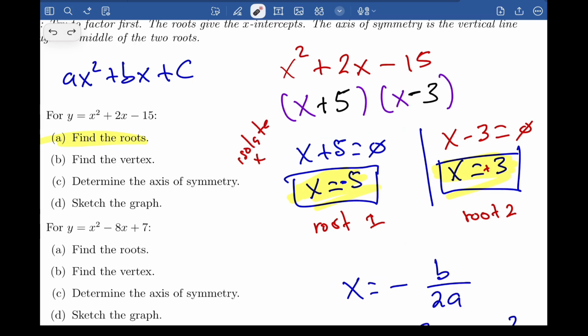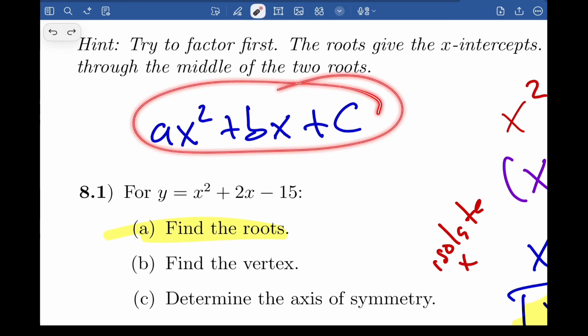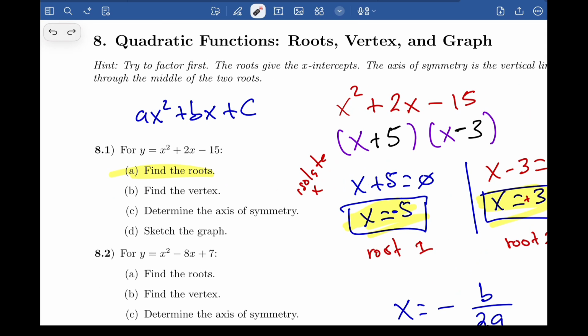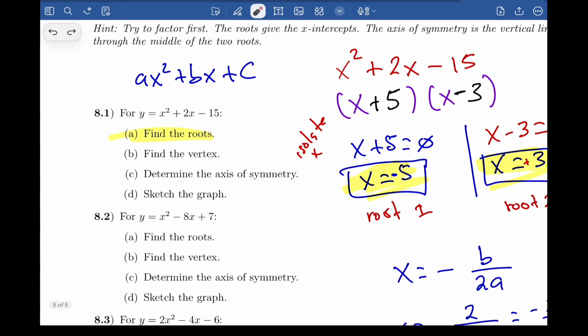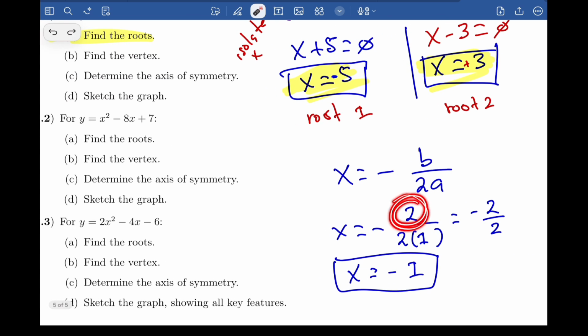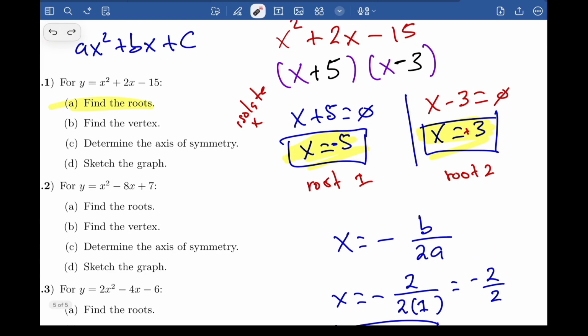So what is b, what is a? If you remember, this is the quadratic equation form, or the structure. The number next to x squared is a, next to x is b, then this one without x is c. So we need to check what is b, the number next to x, in this case 2. That is the reason that I have 2. Then what is a, the number next to x squared?